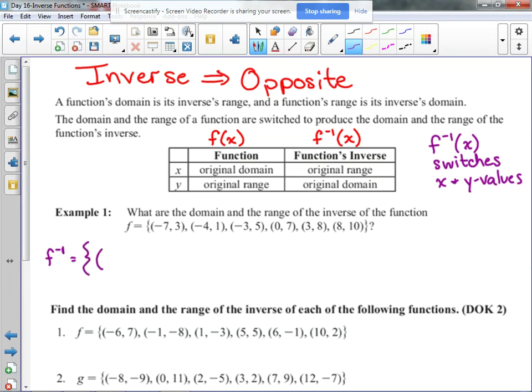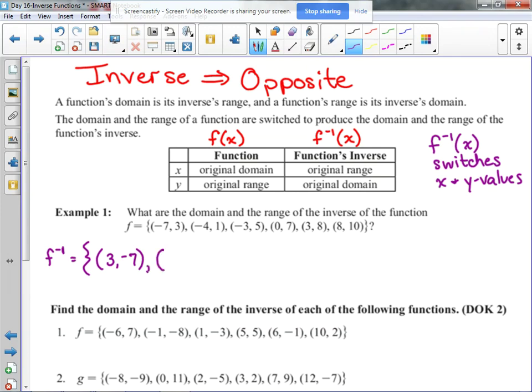Okay, what we do is we switch x and y. So if -7, +3 is a point on the original, +3, -7 is a point on the inverse. Positives and negatives stay, but the x's and y's switch places.